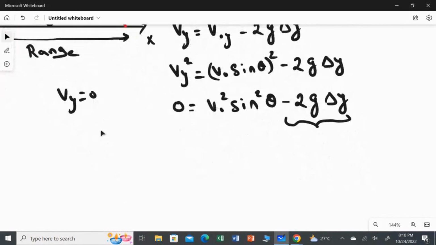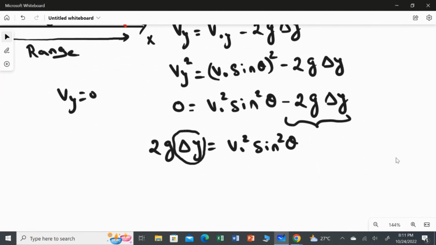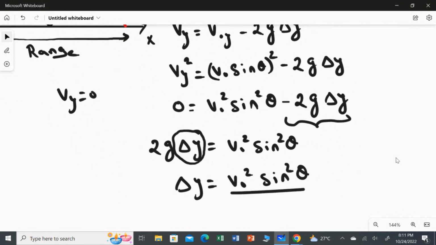By that, the equation becomes 2g delta y equals v naught squared sine squared theta. Now our main objective is to find the value of the height, which is this delta y. So delta y equals v naught squared sine squared theta over 2 multiplied by g.